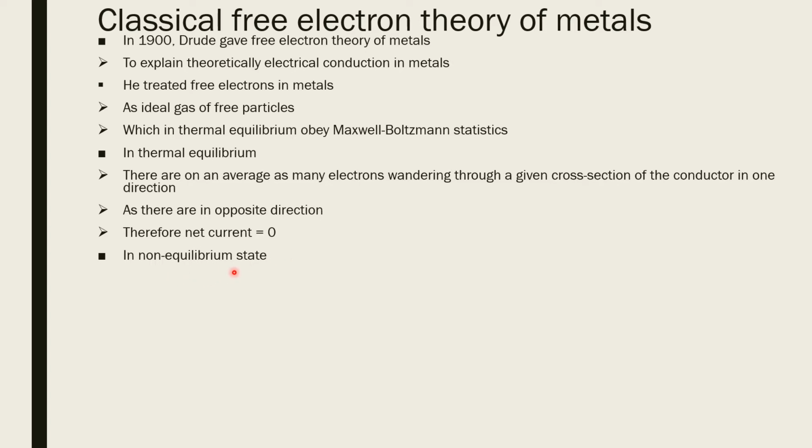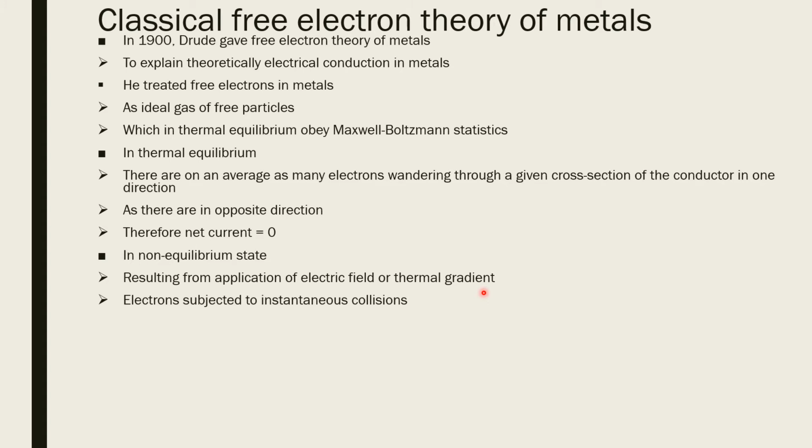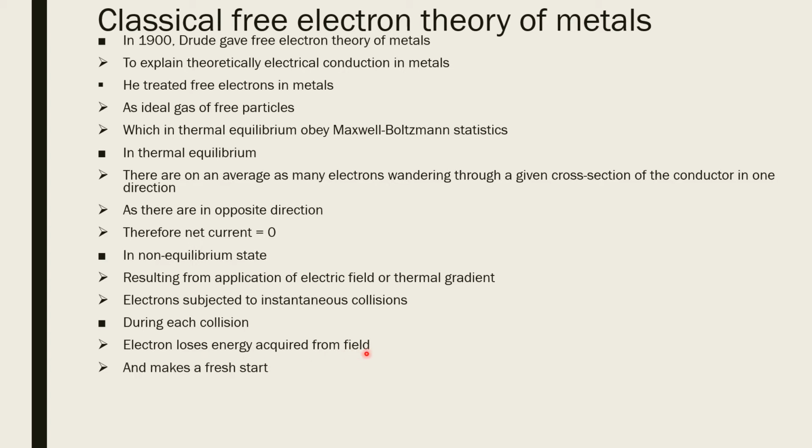In non-equilibrium state, resulting from the application of electric field or thermal gradient, electrons are subjected to instantaneous collisions. During each collision, electron loses the energy acquired from the field and makes a fresh start.